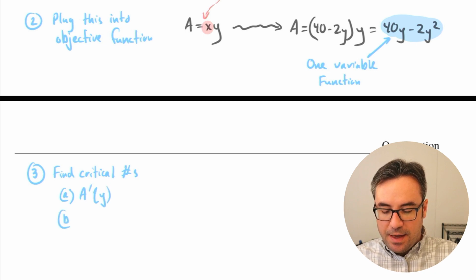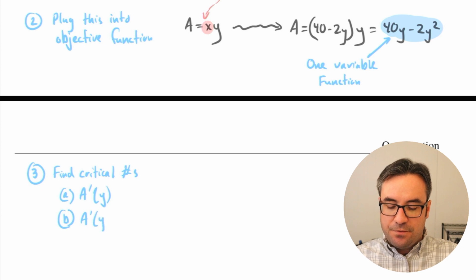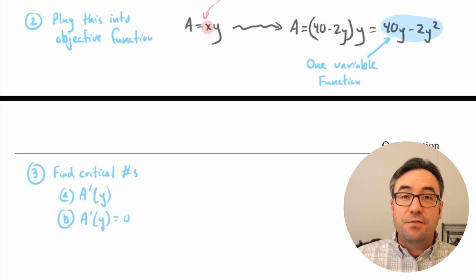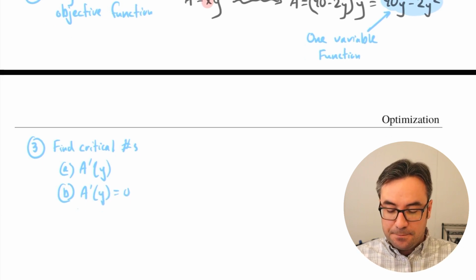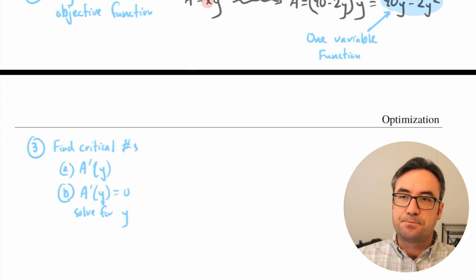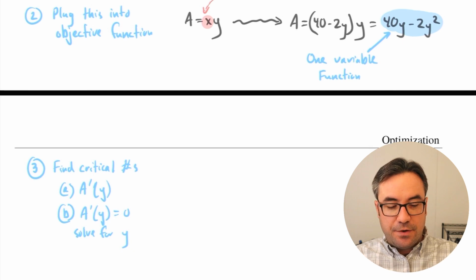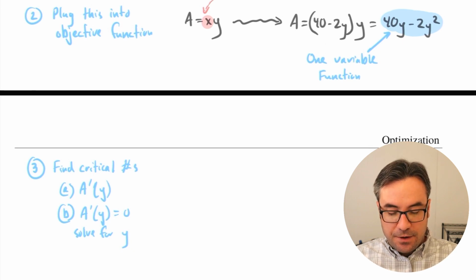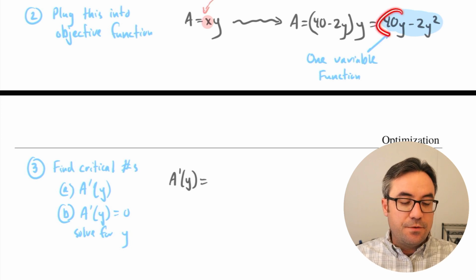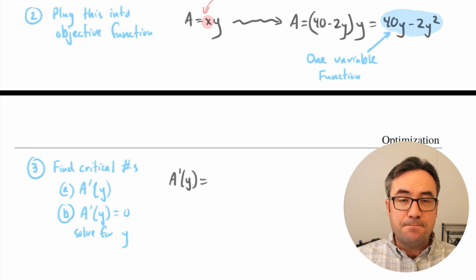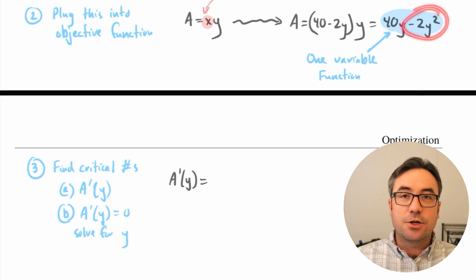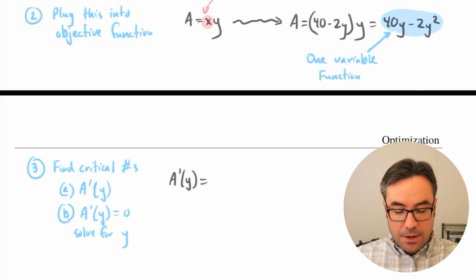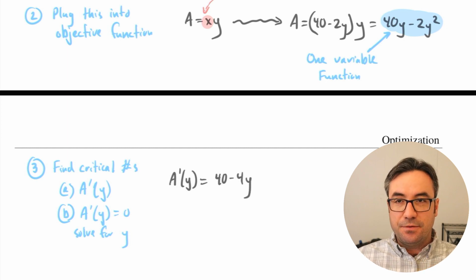And then once we have that, we're going to set our first derivative equal to 0, and solve that for, in this case, y. So our usual routine. All right, so let's get our first derivative, A prime of y. If we differentiate, the derivative of that first term is going to be 40. And then the derivative of that second term is going to be negative 4y. So we end up with 40 minus 4y as our first derivative.